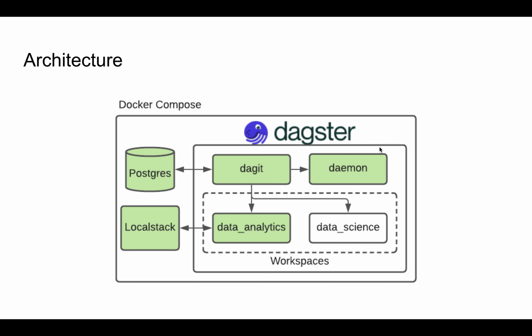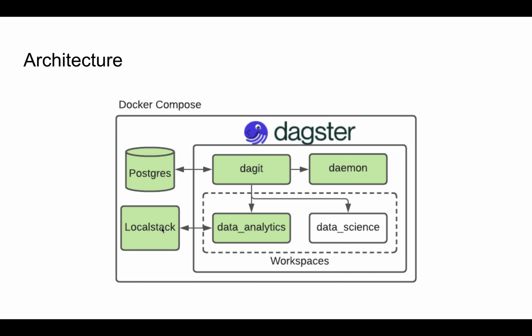So zooming out again into our architecture, you can see where the daemon fits in. The daemon works with Dagster to maintain things like schedules and sensors, these external processes outside of the pipelines themselves and the pipeline executions that happen within the workspaces.